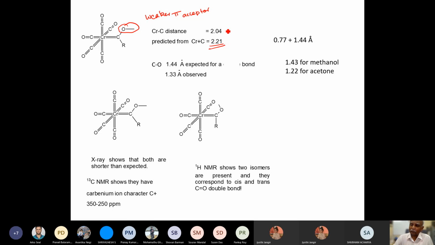What you observe is 2.04. This is similar to what you see for carbon monoxide also. There is a shortening of the sigma bond between the chromium and carbon. So it suggests that you have a structure which is like a pi bond. Now, I have written this very odd structure where I have put double bonds between carbon and chromium everywhere.